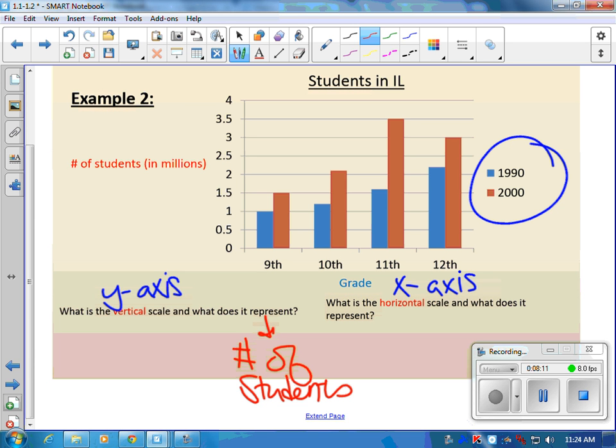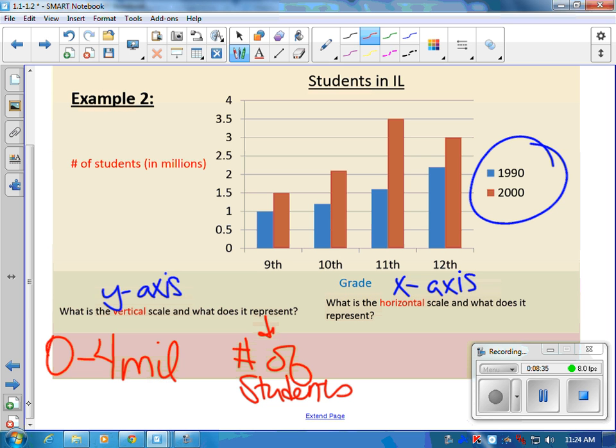What'd you say, Alex? So it goes from 0 to 4. What? I didn't hear the rest of that. Okay, because we're talking about in millions. That's where that comes into play. Our scale represents the number of students, and we start at the bottom at 0, and it goes up to 4 million.